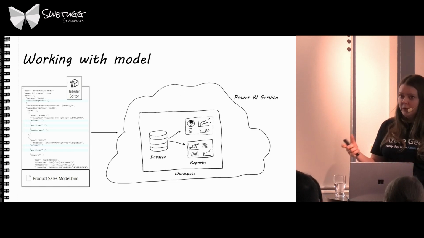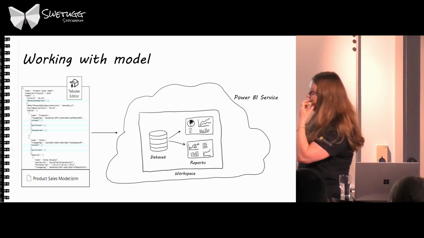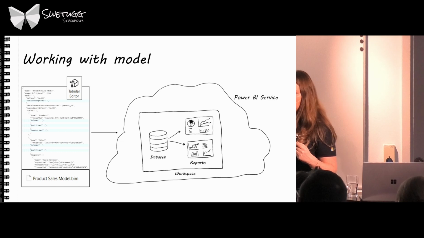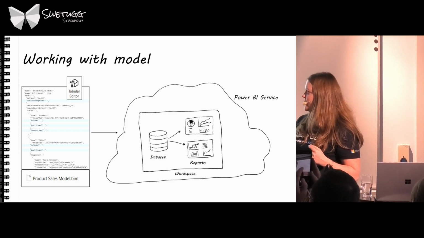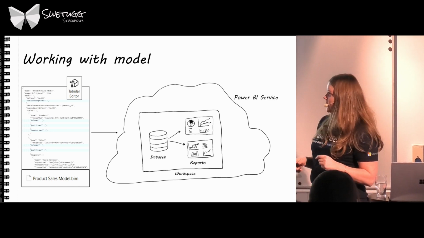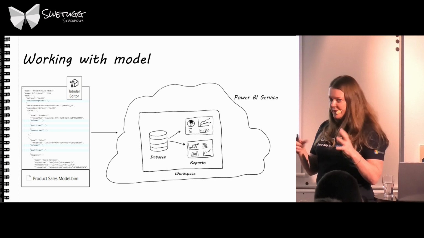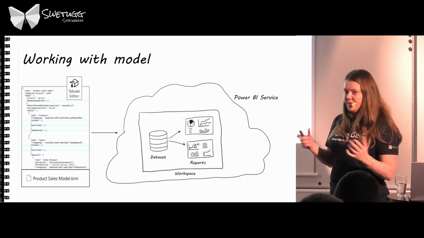And how can we work with the model? Here we see some code. This is your model, and it looks like JSON, but it's saved in BIM format. You can work on the model in the drag and drop interface in Power BI, or you can work with your model as code, as a team.